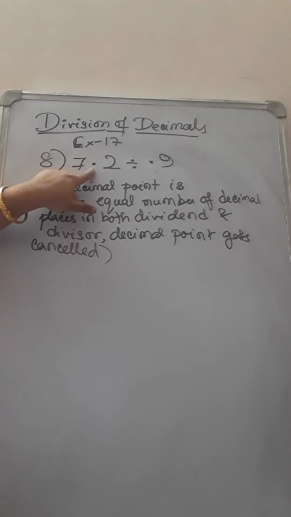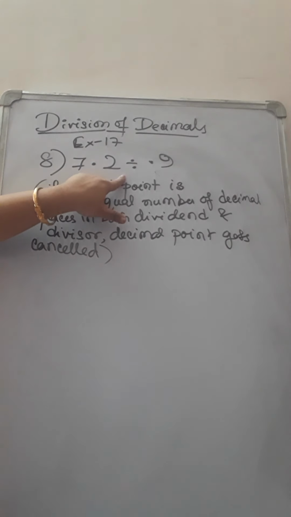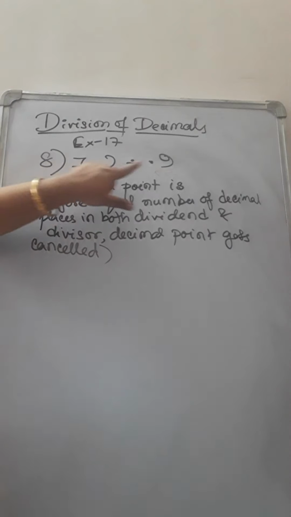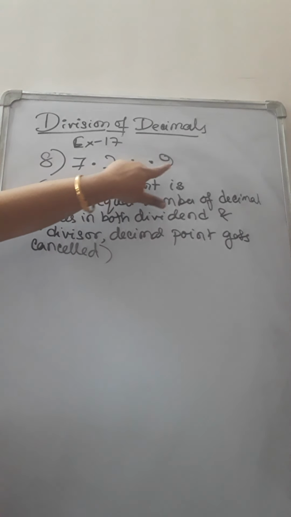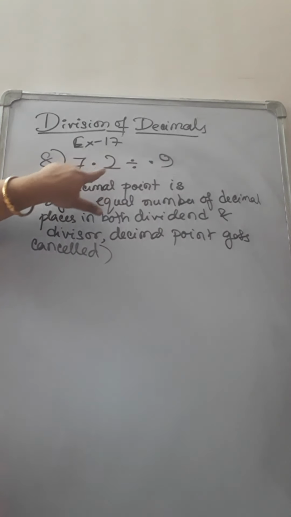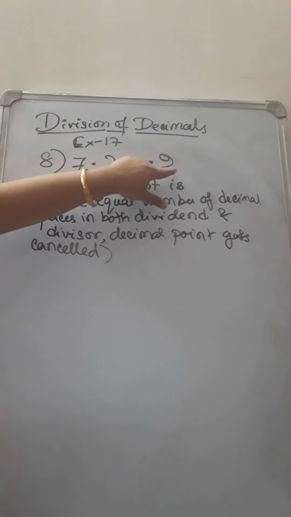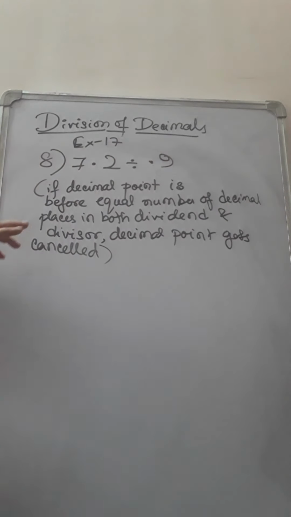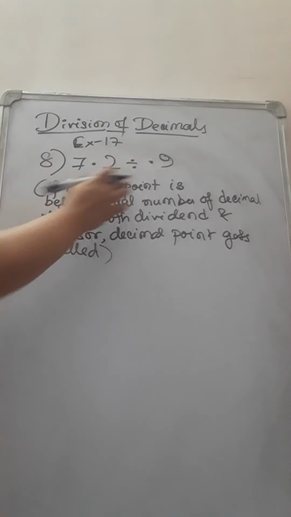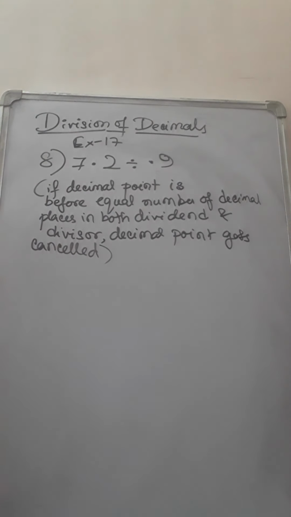That means the dividend has the point before one decimal value, and here also the point is before one decimal place, that is 2. Here also the point occurs before one decimal number, that is 9. So if they have points in both dividend and divisor but before equal decimal places, we can neglect the point.